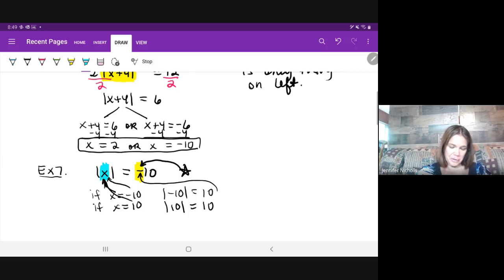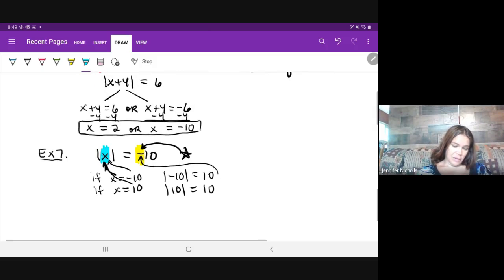Yeah, but what number? So what number can I put where the blue is and get a negative 10 on the outside? Now, Andrew says if you had a negative on the outside, it would be okay, but that's not how the problem started. So absolute value of what number gives you negative 10?